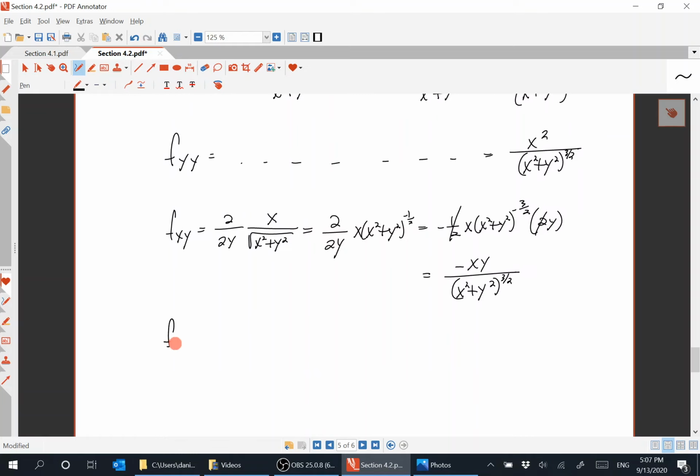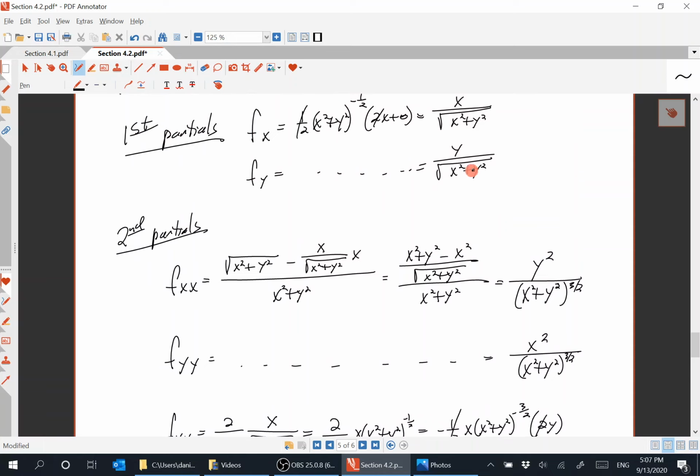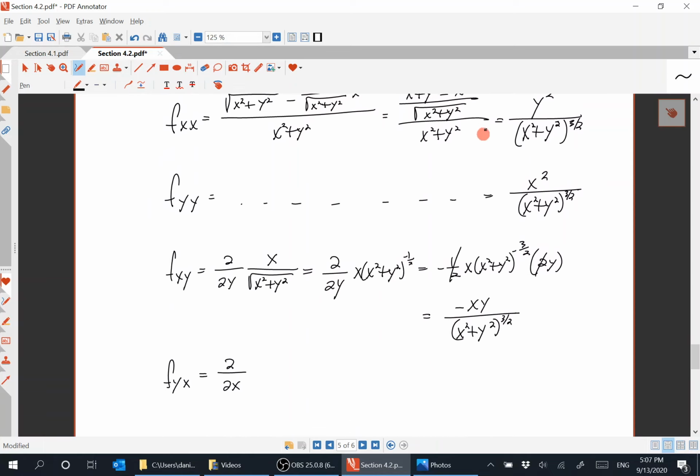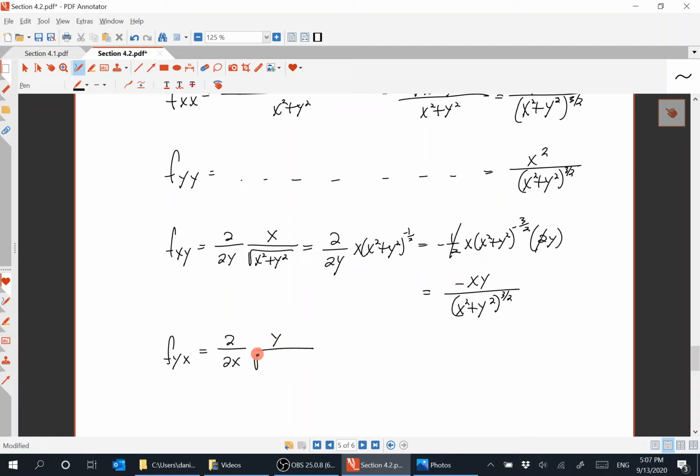If I were to do it the other way around, Clairaut's theorem says we should get the same thing. It's the partial derivative with respect to x of this partial derivative with respect to y. So partial with respect to x of y times (x squared plus y squared) to the negative 1/2. So this is equal to, and y is constant, negative 1/2 y, (x squared plus y squared) to the negative 3 halves times the derivative of the inside with respect to x, which is 2x.